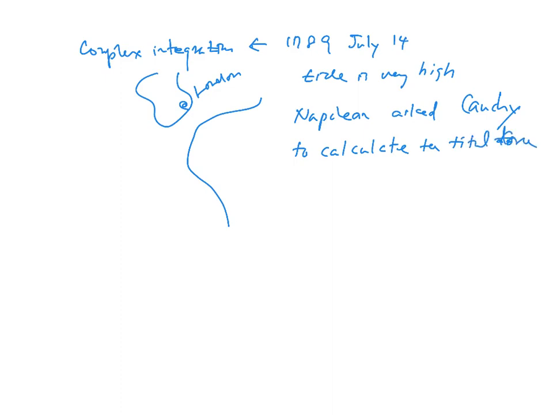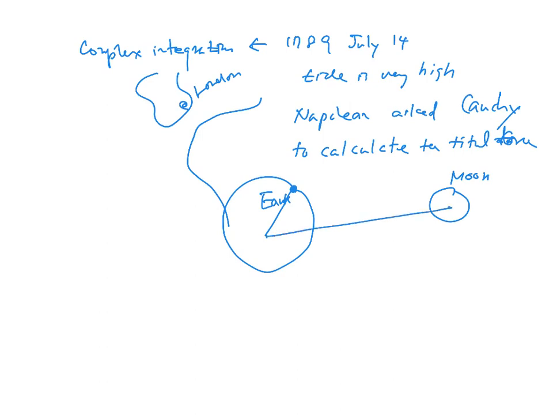And the origin of the tidal force was well known by the time, right? Because of the gravitational attraction between Earth and Moon. So this is Earth. This is Moon. This is R1.